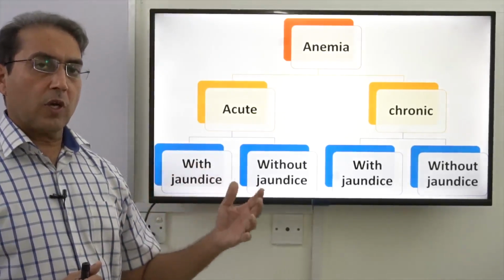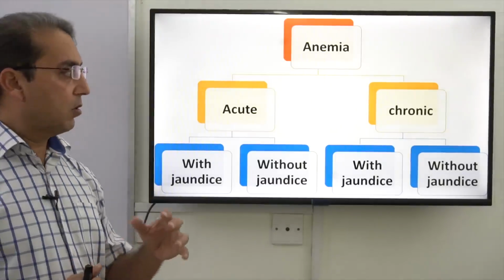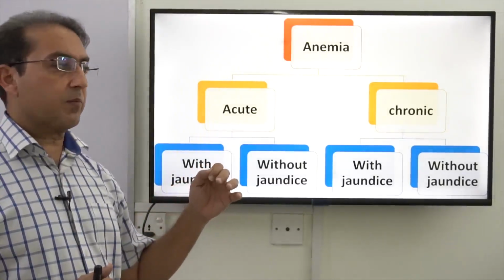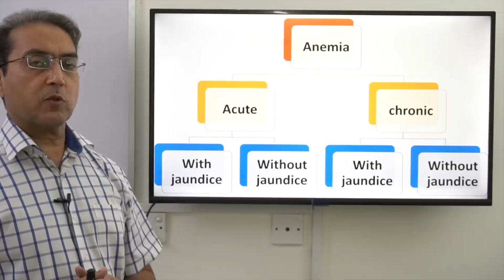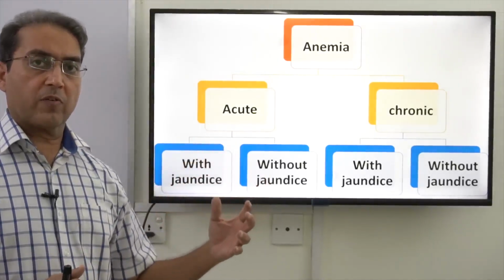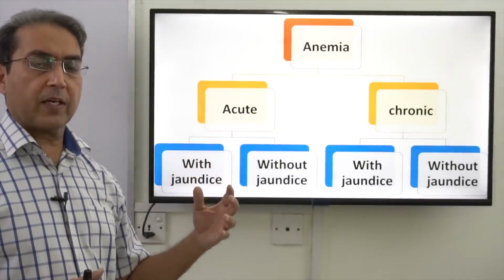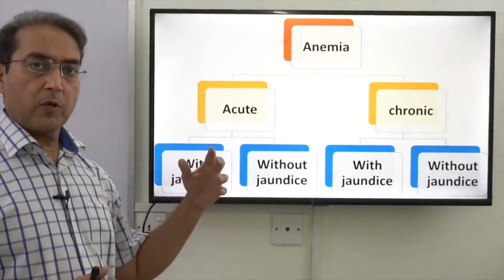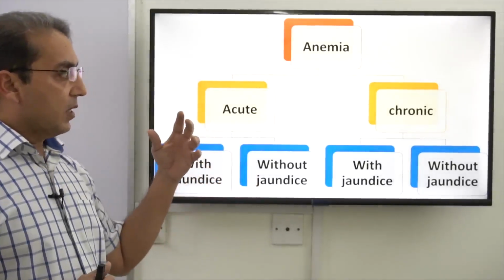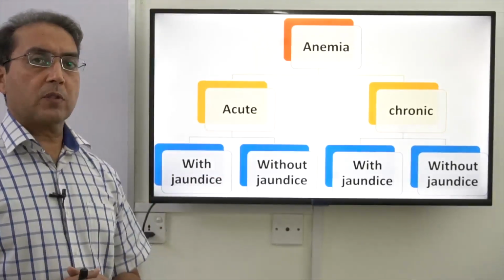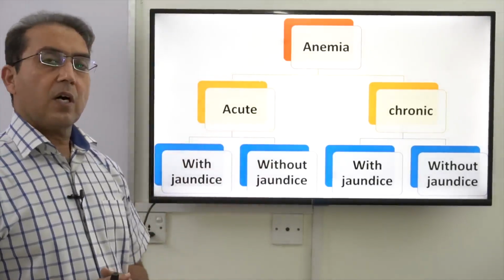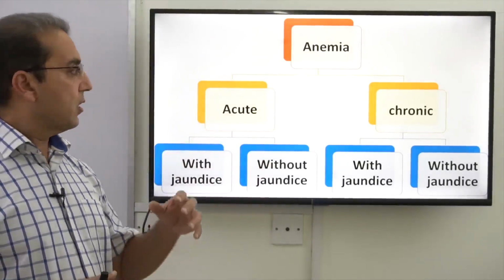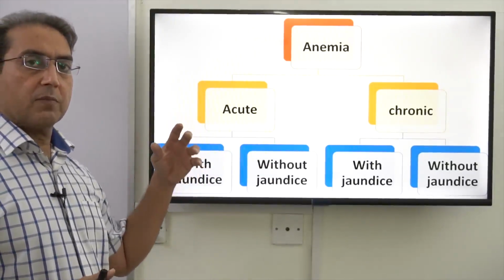So at the tissue level, more oxygen is released. So all these compensatory mechanisms develop, and the patient does not have a lot of symptoms of anemia if it develops over a long period of time, since the compensatory mechanisms have time to come into play. Only if the hemoglobin drops to a very significant level may the patient have symptoms despite having chronic anemia. So in acute anemia, the patients tend to have symptoms earlier.